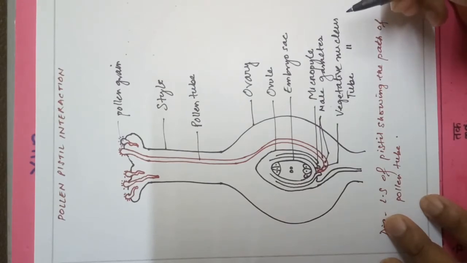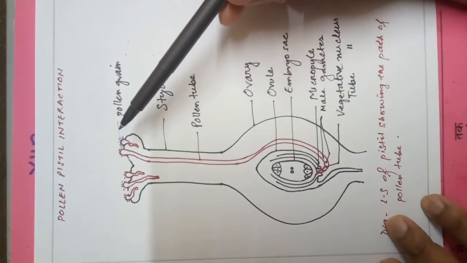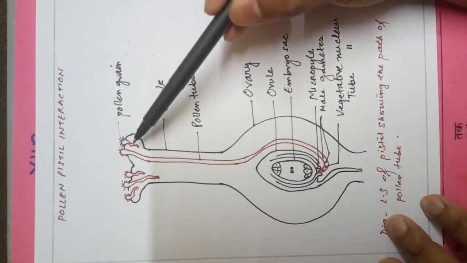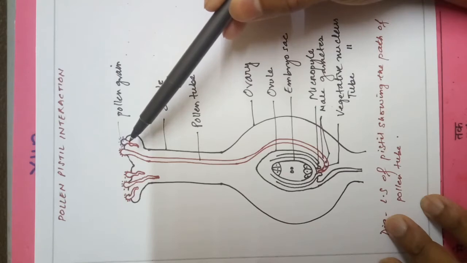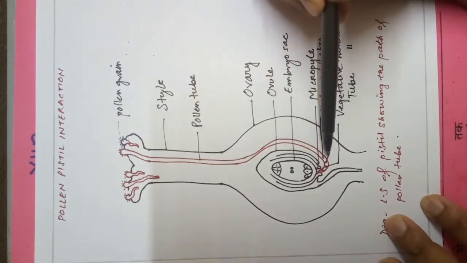I would like to recollect, students, that when the pollen grains fall on the stigma, the pollen grain may be of 2 cell stage in 60% of the angiosperms, 1 vegetative cell, 1 generative cell, and while forming the pollen tube, in those cases the generative cell divides once more by mitosis and forms 2 male gametes. So here are the 2 male gametes.